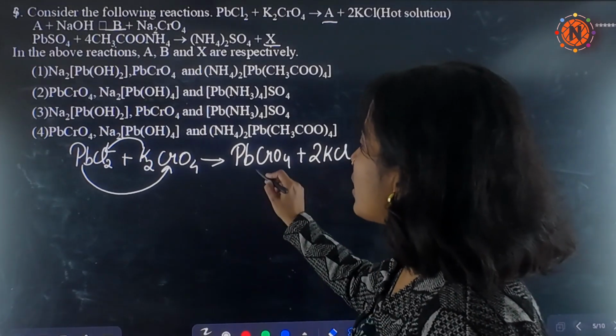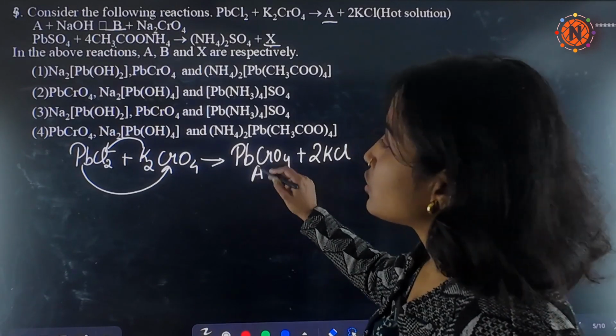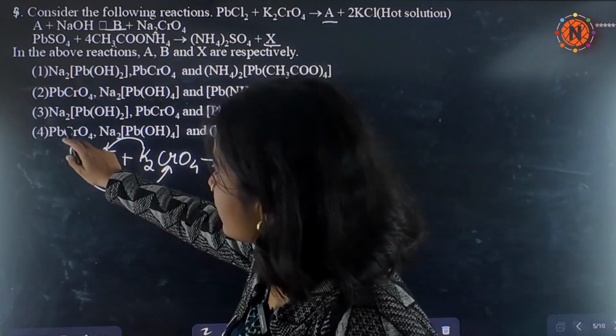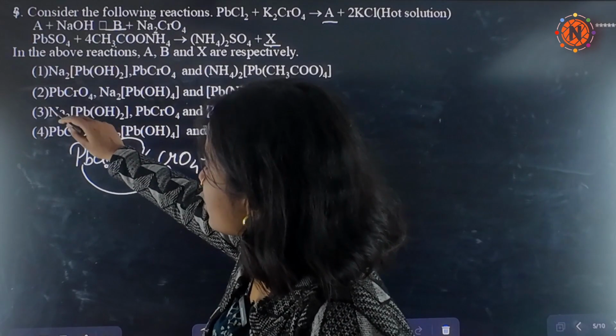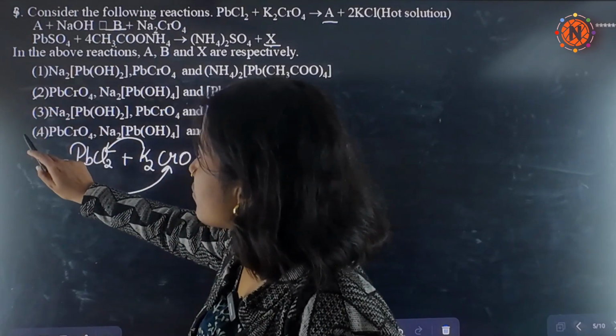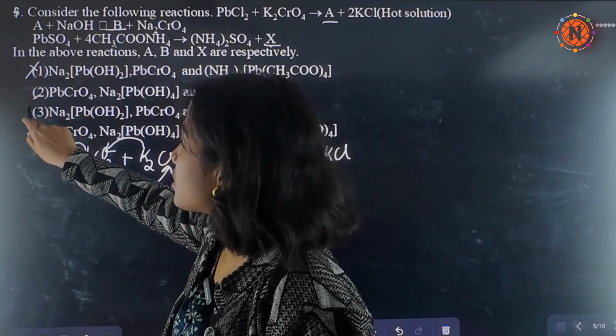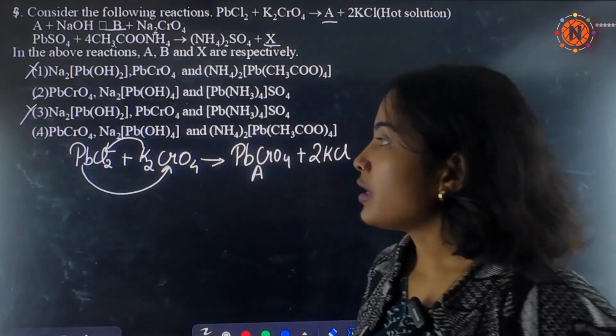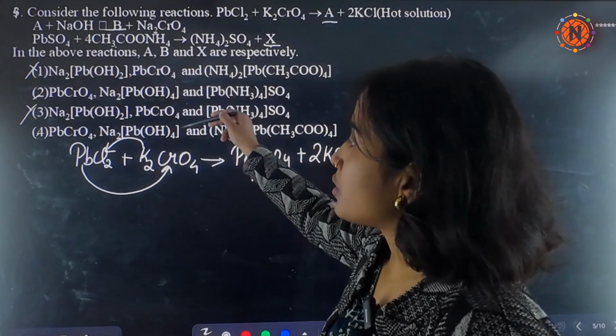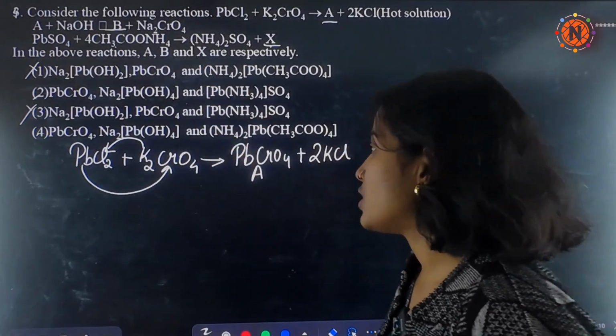So our compound A will be lead chromate, which is number 1. So option A and option number 3 will be incorrect. We have to find out between these two which is the correct option.